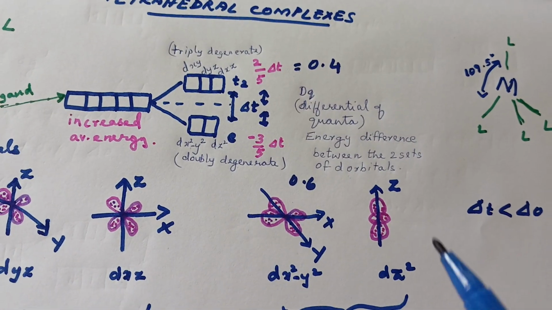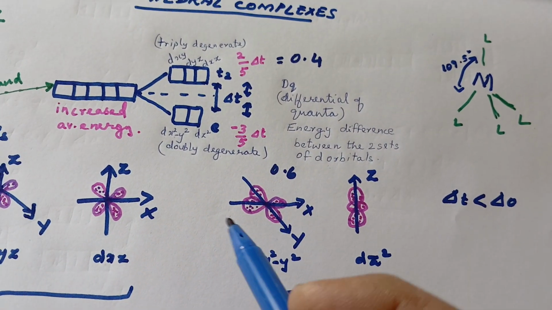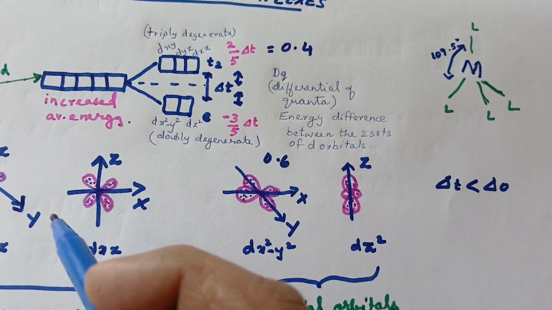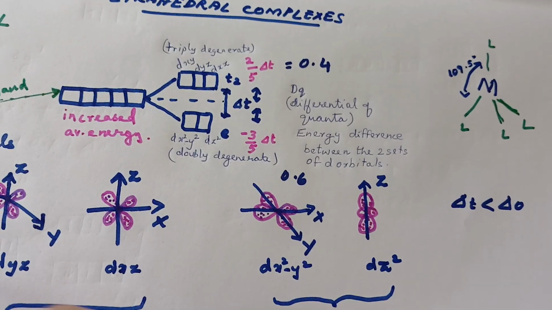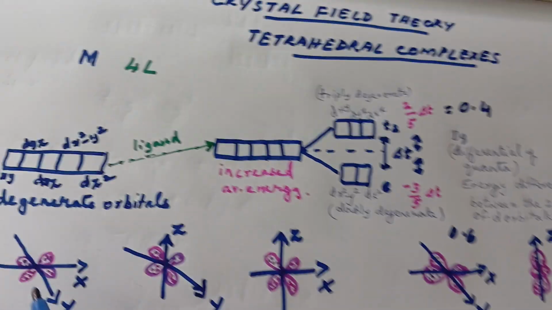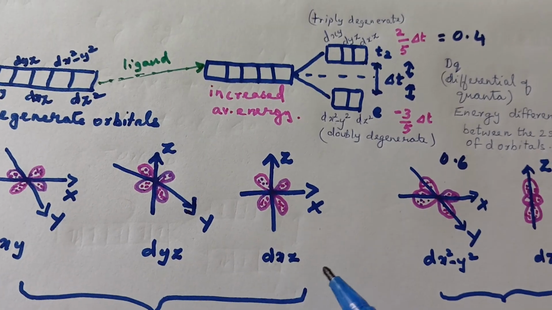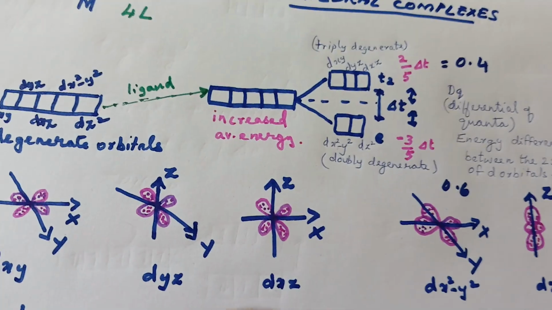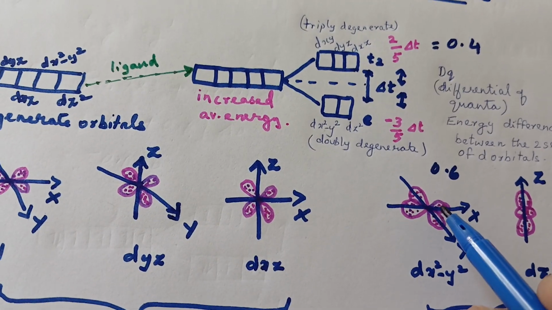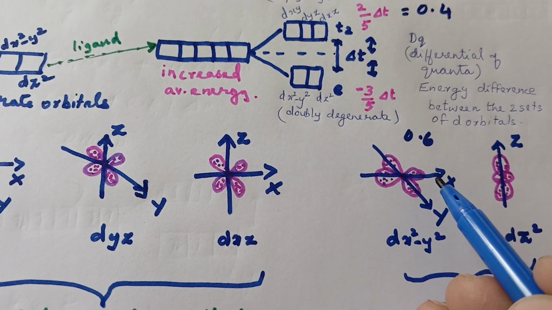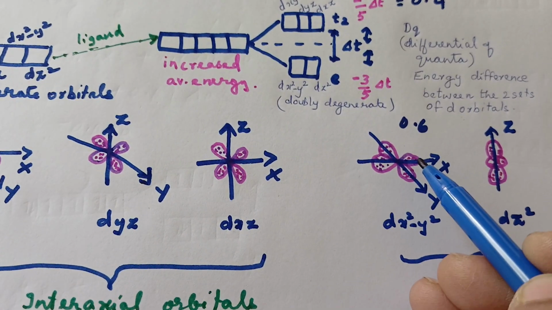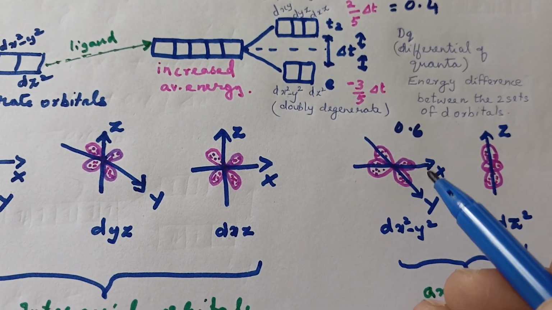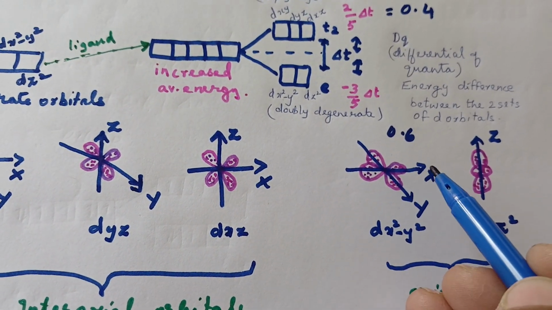Then the repulsion of the electrons in the d orbital lobes and the incoming ligands. See, when these orbitals are lying between the axes, the probability of them having a head-on interaction is less, whereas when the orbitals are lying on the axis and the ligands are approaching along the axis, there is more probability of interaction between the electrons.